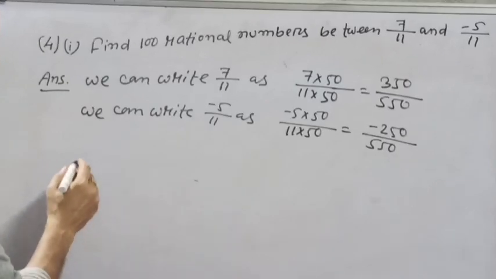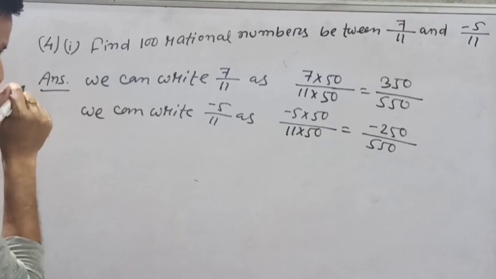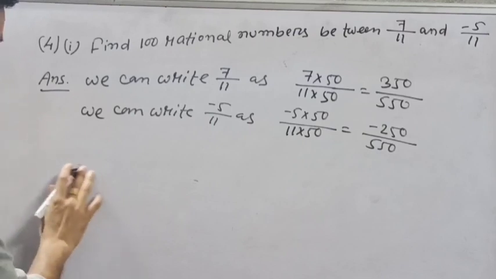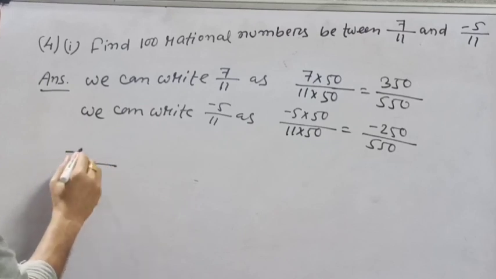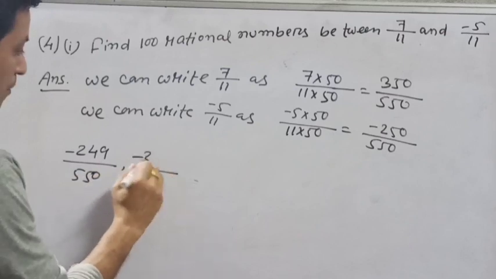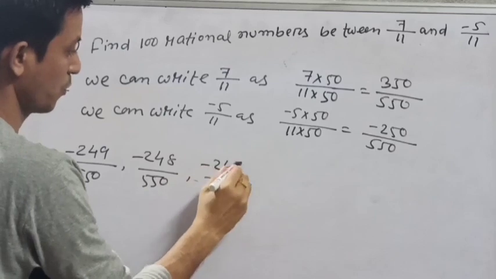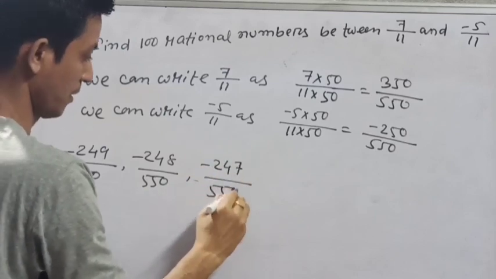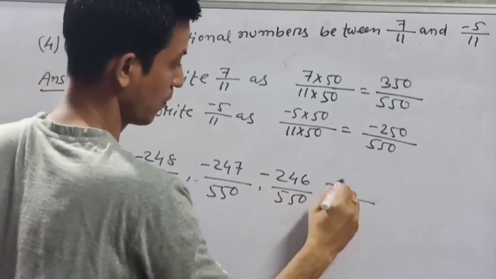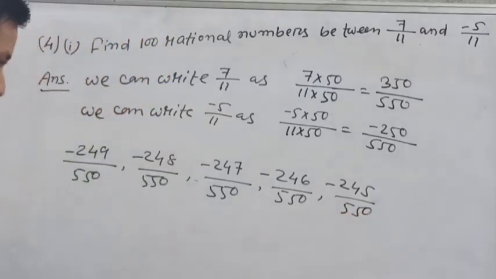So here we can write minus 249 by 550, minus 248 by 550, minus 247 by 550, minus 246 by 550, minus 245 by 550.